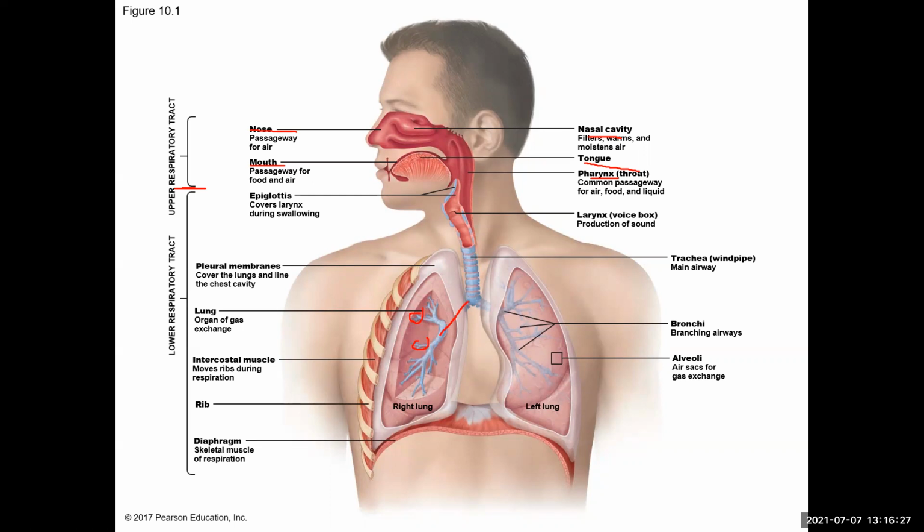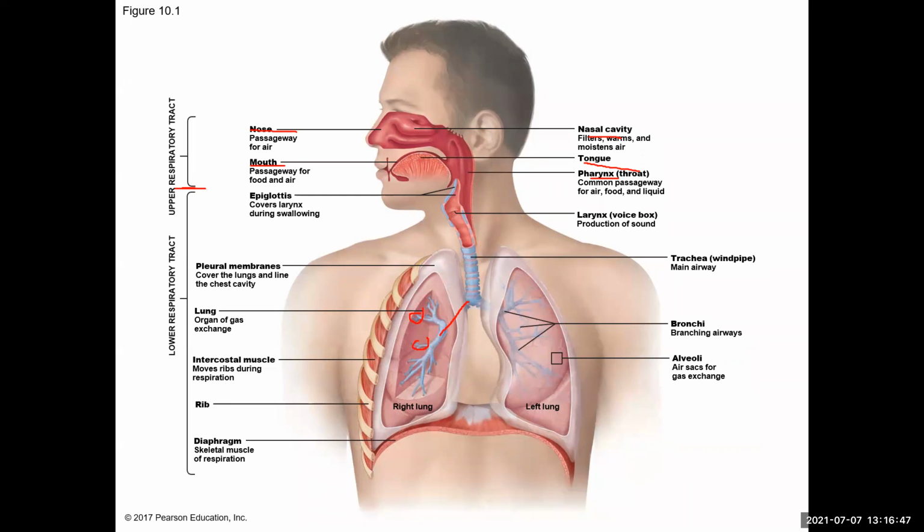And then at the tip of the bronchioles, you have little clusters of single-celled tissue layers, and they're in the form of these grape-like clusters, these sacs, and that's the alveoli.